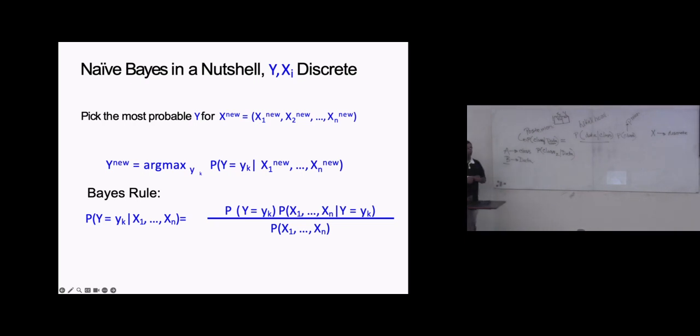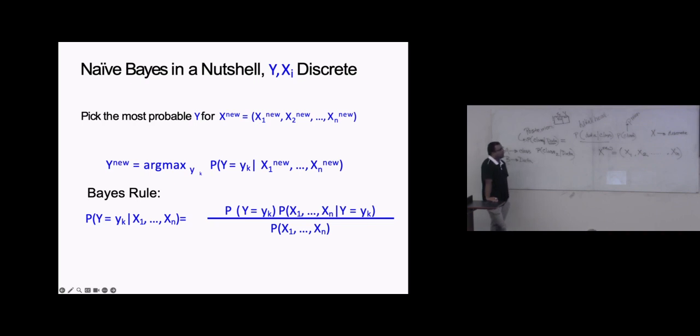Okay, so y has a fixed set of labels, and let's say we are given a new data point. This is unseen data, which is a tuple that has attributes x1, x2 till xn, right?